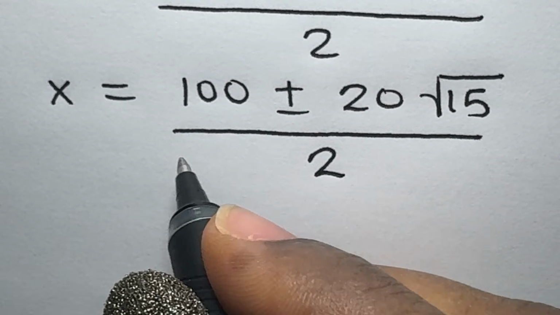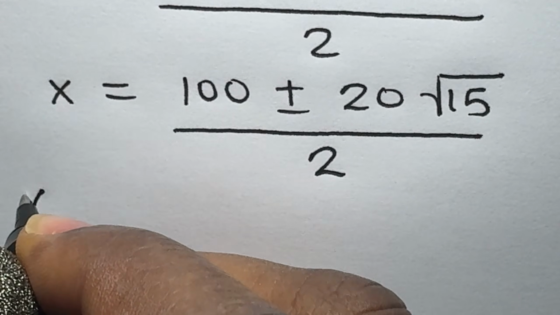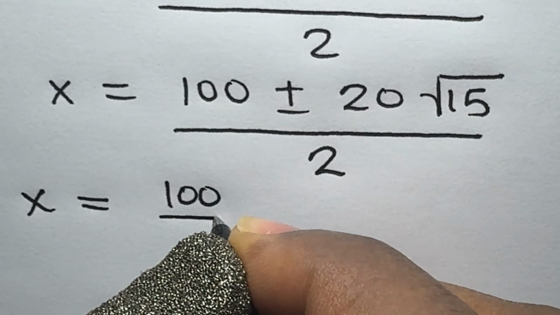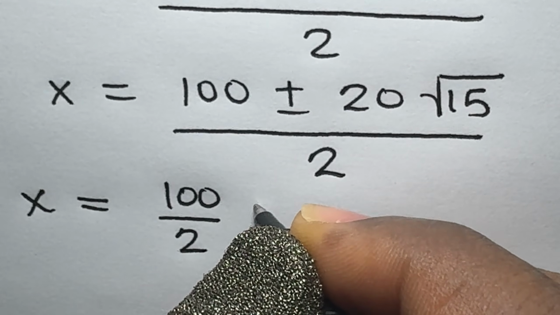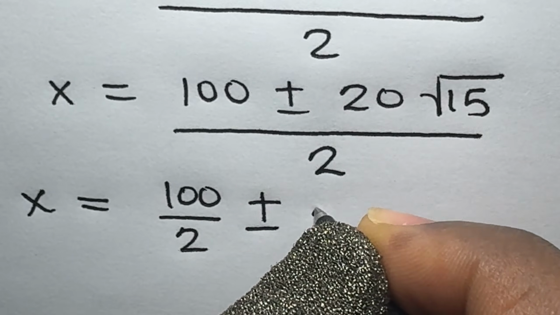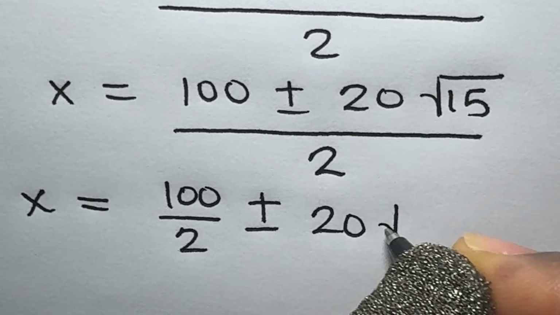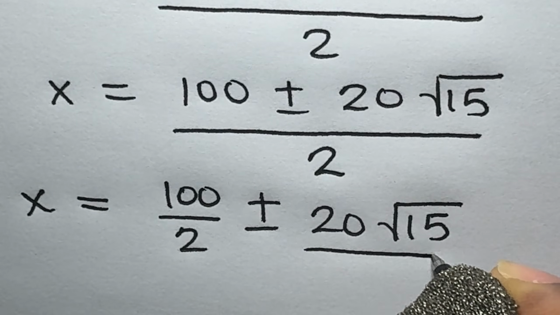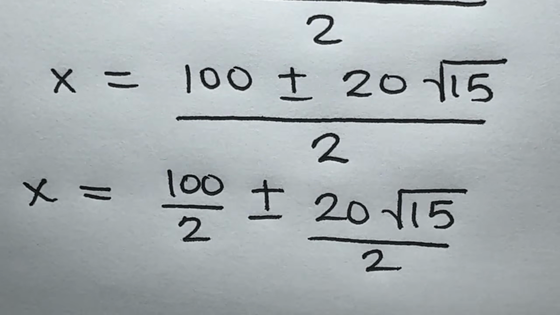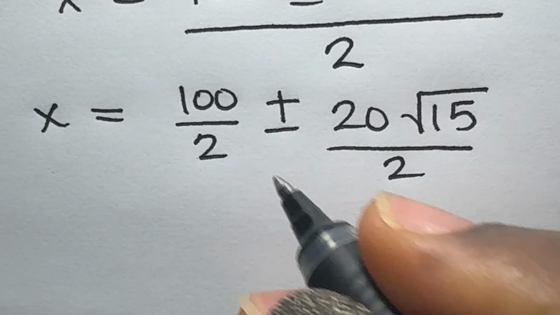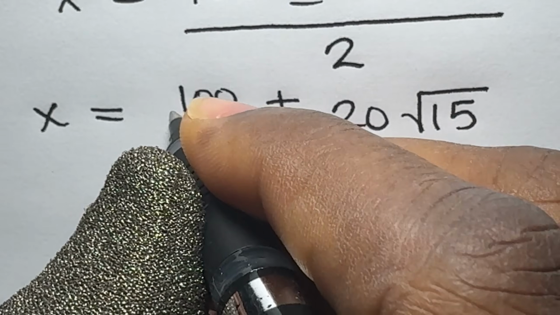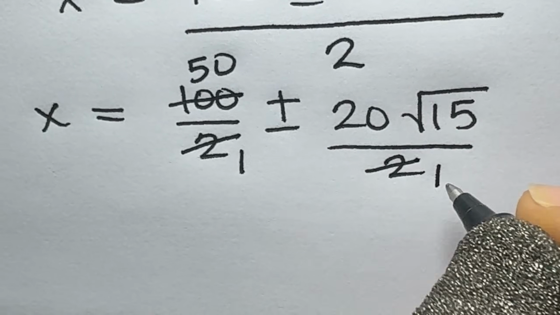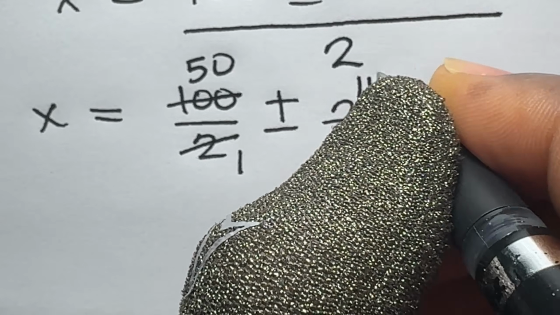We can separate this division to give us x is equal to 100 divided by 2 plus or minus 20 root 15 divided by 2. Dividing by 2: 2 here is 1, 2 here is 50, 2 here is 1, 2 here is 10.